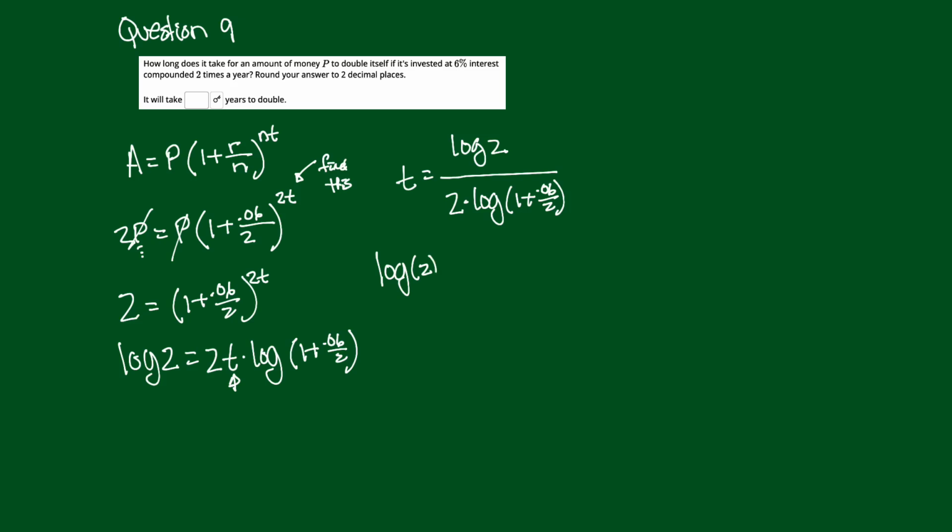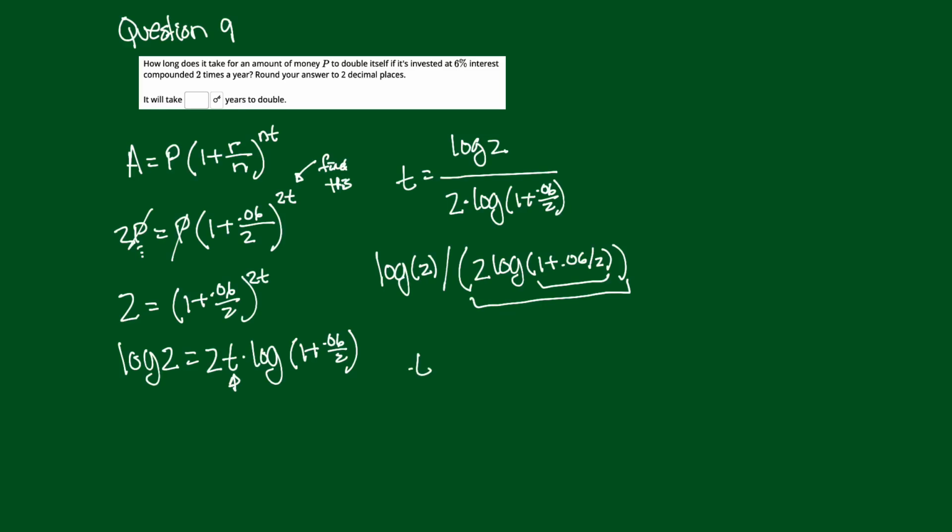I'll put in a 2 and close, divided by, now, parentheses. Remember, you want all of this. It's a multiplication, so I need all of it. Capture all of it with the parentheses. 2, press the log key, parentheses, 1 plus 0.06 divided by 2, close. Now that closes that one, and then I need another one to close that one.